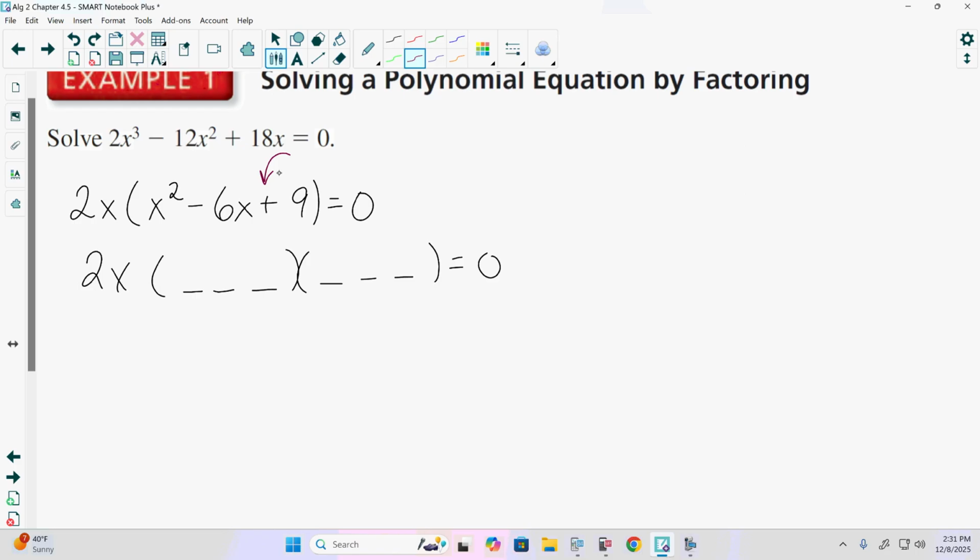If the third term is positive, the signs are the same and match the sign of the middle term. If the third term is negative, the signs are opposite. But because the third term is positive, our signs are the same and match the sign of the middle term. So we'd have negative and negative.